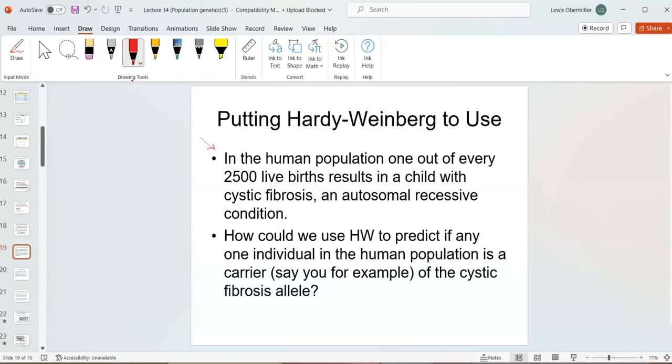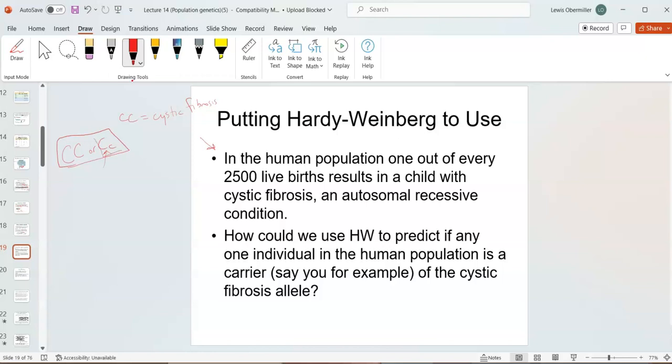So if you're looking at this couple, let's just use little c. Little c is you have cystic fibrosis, and the couple could be big C, big C, or big C, little c. We don't know, because they look pretty normal to us and they don't have any cystic fibrosis symptoms. They want to know the probability that they're going to have a kid that has cystic fibrosis.